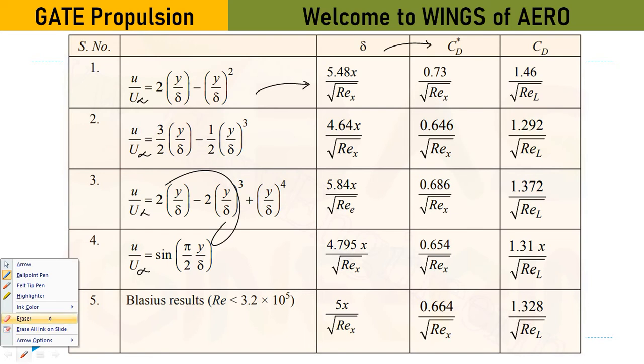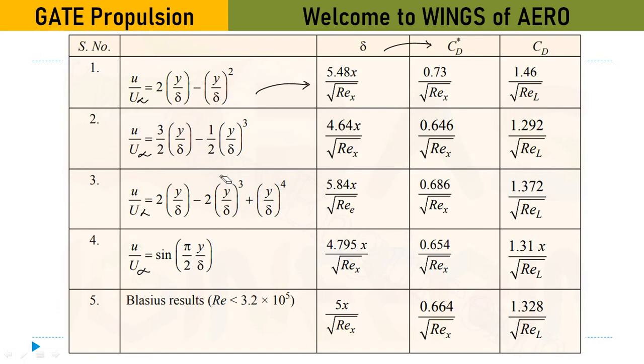All these values should be measured from the leading edge. This is the leading edge and this is the trailing edge. So when I'm focusing at some particular point, it is called local. Here we are going to find the local drag coefficient and the total drag coefficient. There is a difference.